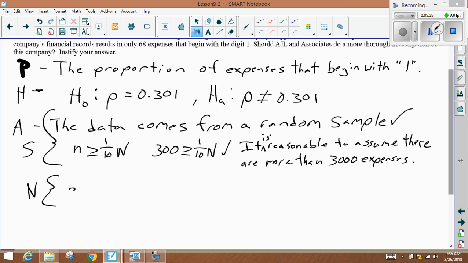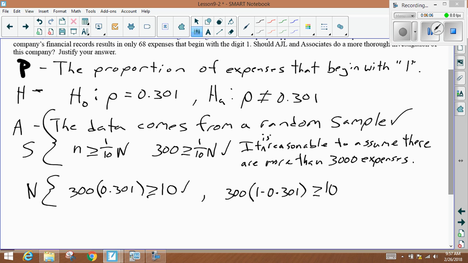So n times 0.301, is that greater than 10? We also need to check if n times 1 minus p is greater than or equal to 10. And both of those are going to check. For sure. Okay, all conditions have been checked and met.